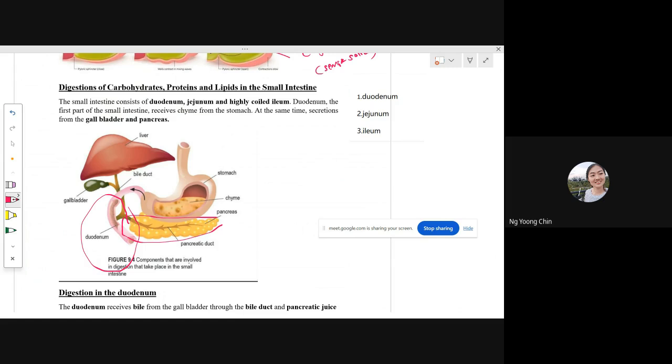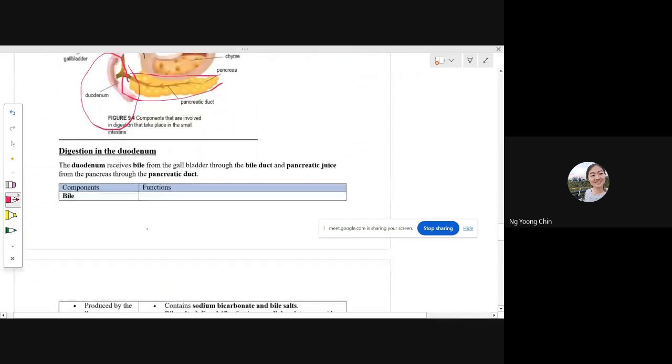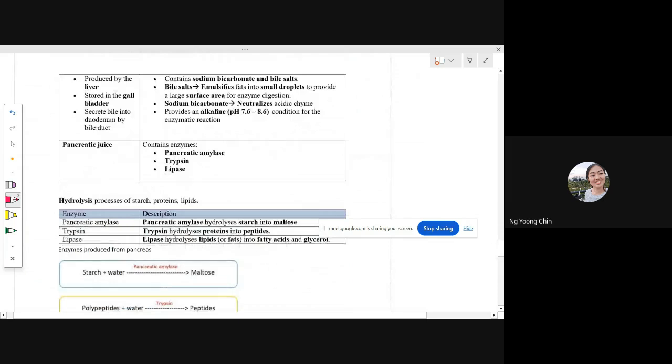So you can see this is the pancreatic duct, which is like a small tube connected between the pancreas and the duodenum. So those are the three enzymes produced by the pancreas. Pancreatic amylase helps to break down starch into maltose.